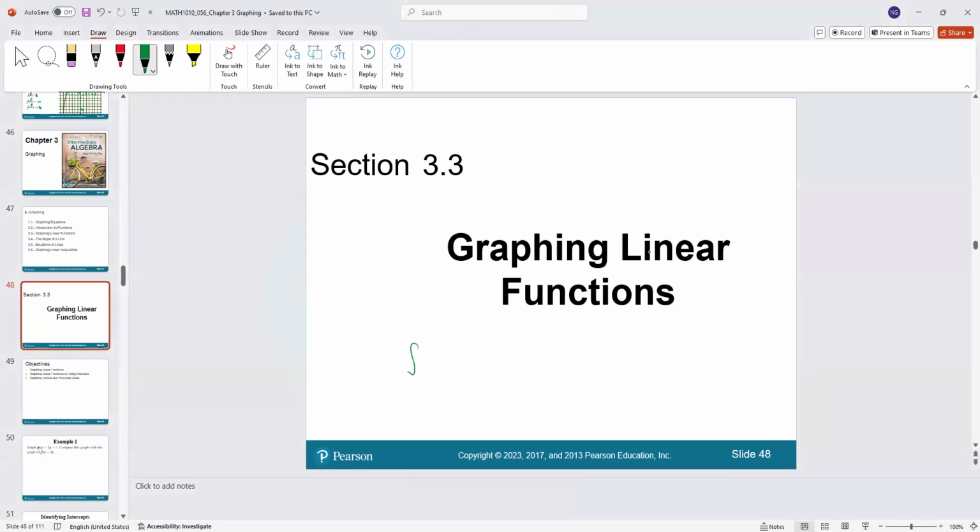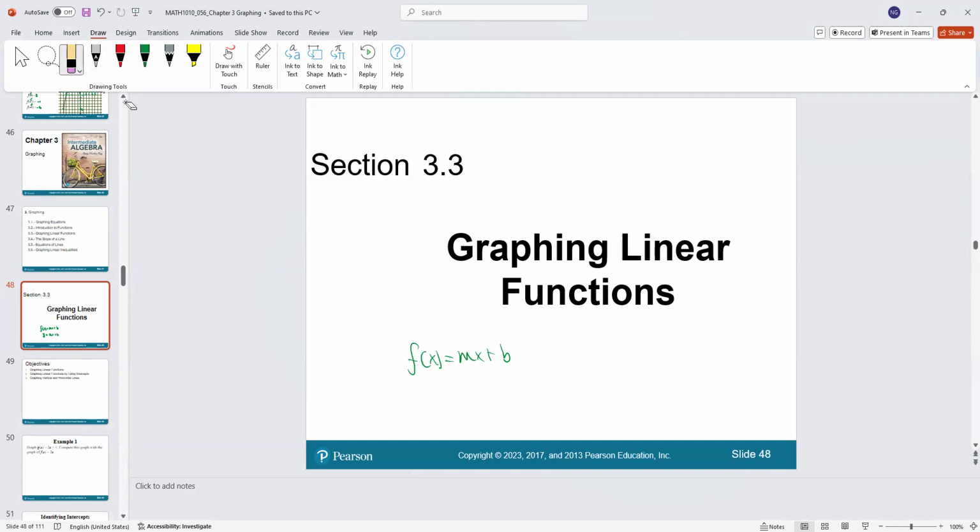So a linear function is in the form y equals mx plus b, where m and b are constants.